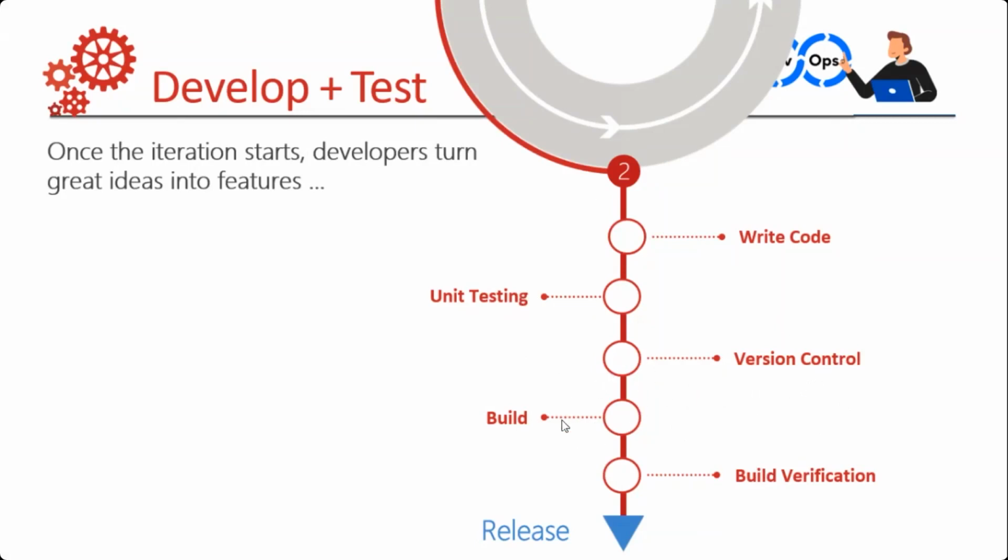The build process then compiles the code into a functional application, which is then verified for stability and readiness, whether it is stable or ready or not. Once it has been verified, it is released to the next stage to ensure a smooth transition from development to deployment.